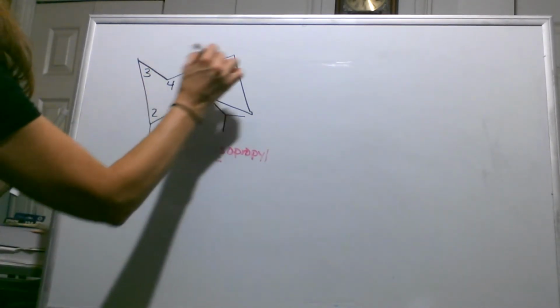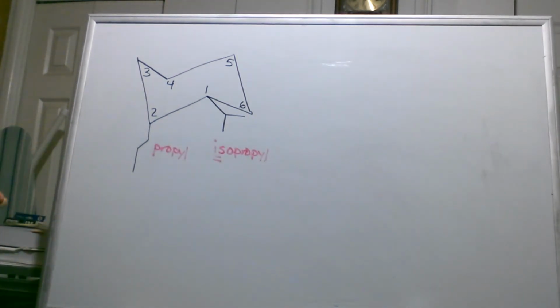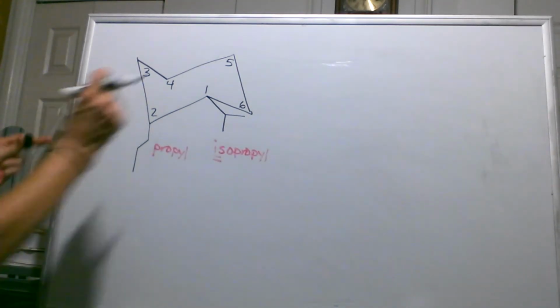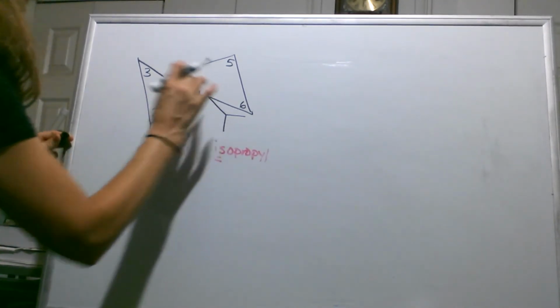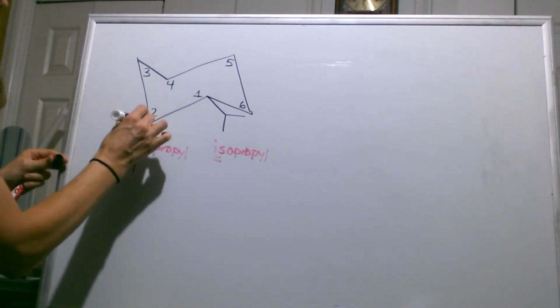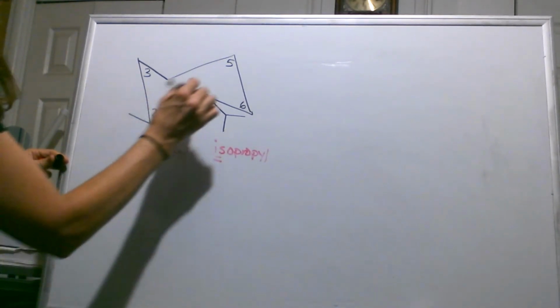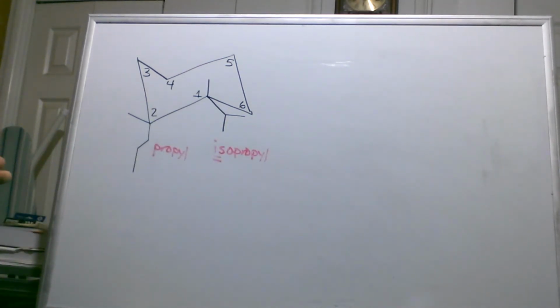Let's go ahead and complete the numbering around the ring. And then, just to be consistent with the way that the other examples were drawn, let's go ahead and sketch the other bond just so we can very clearly see whether those substituents are in the axial, equatorial, up, down, whatever they happen to be.